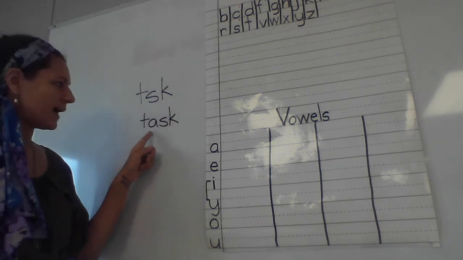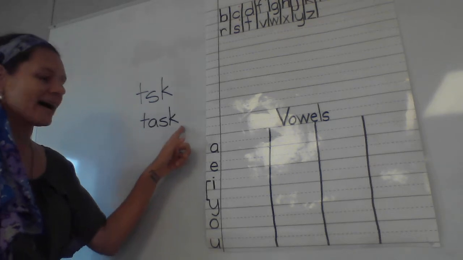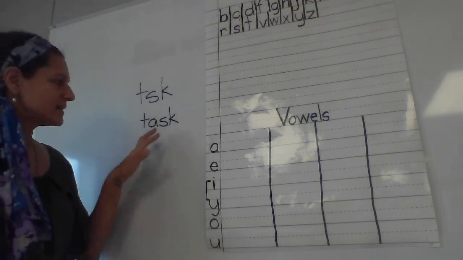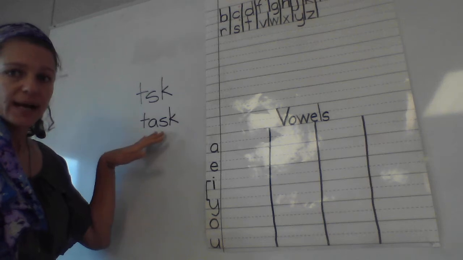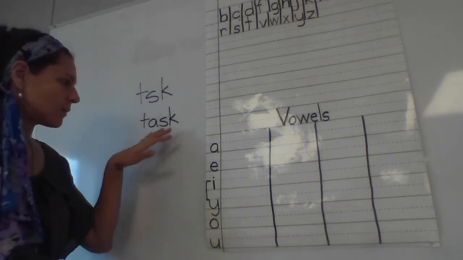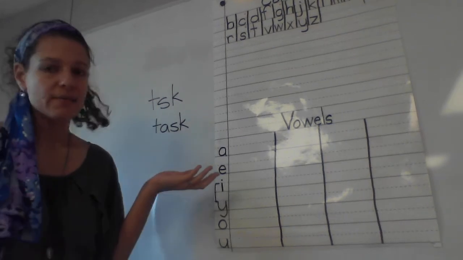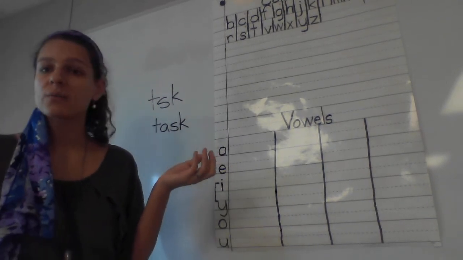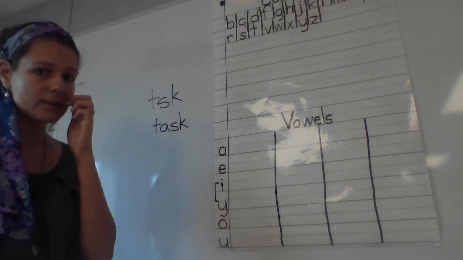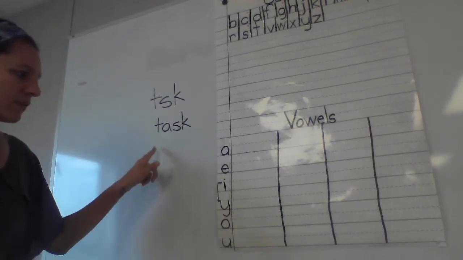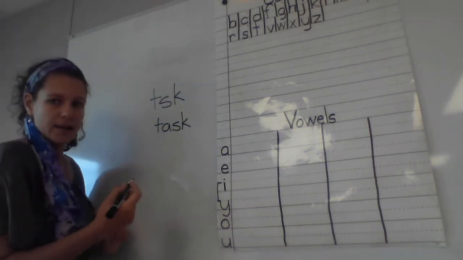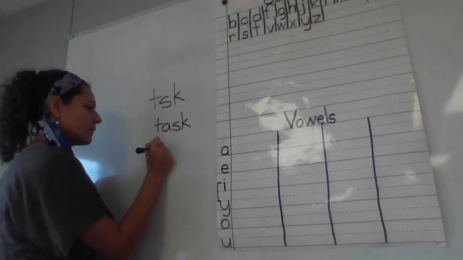Right, it's t-a-s-k. So that's task. So the vowel opens it up so we can actually say it comfortably, and so it becomes a word instead of just sounds. We'll never ever have a real English word that doesn't have any vowels. Let's put in a different vowel and see if we can make another word.